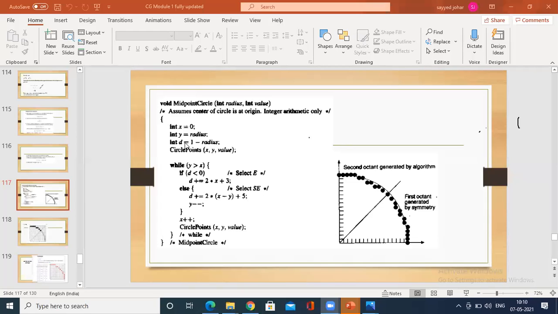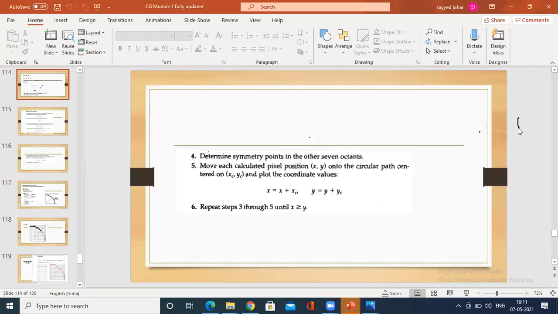The initial decision parameter d equals 1 minus r in the algorithm. Then plot the value x, y, while y is greater than x, that is we have r greater than 0, which pixel has to be selected? If the decision parameter is less than 0, you have to select the one point. Else you will increment, same as a pk value, and go on incrementing the y value at each interval. So same has been plotted.